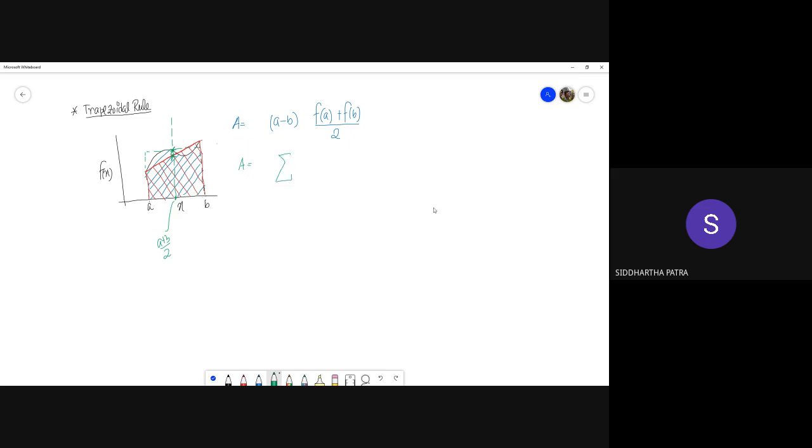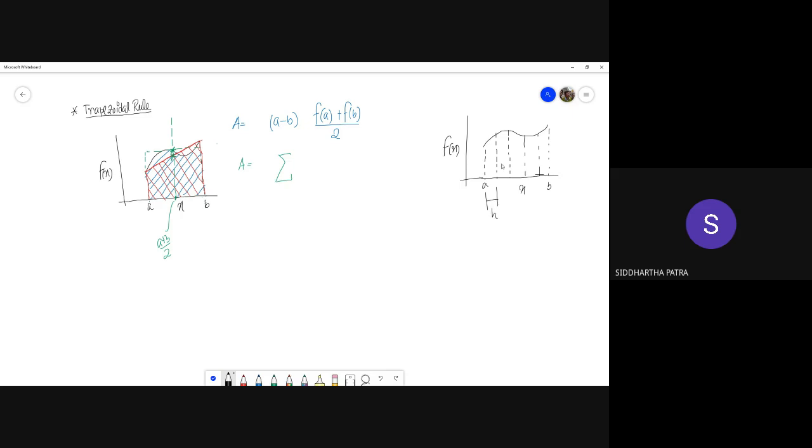You can divide the range into several segments, as we discussed earlier. So let's first do that. This is the function, and these are the two extreme values a and b, and let us divide that into multiple segments, each of width h.